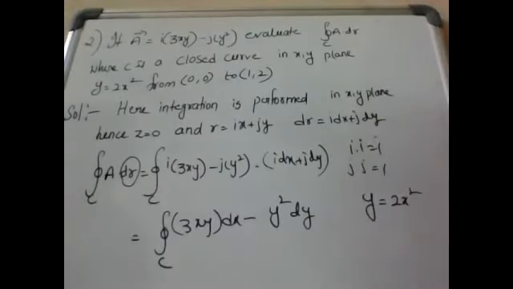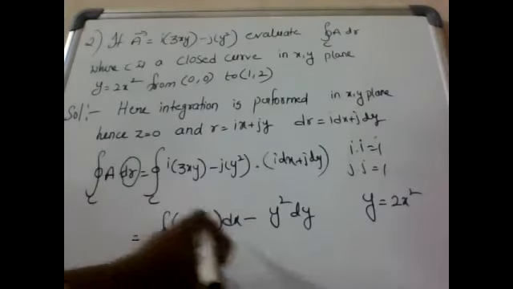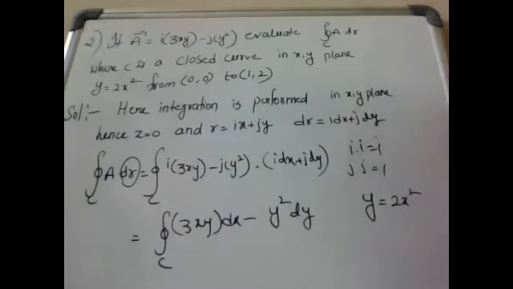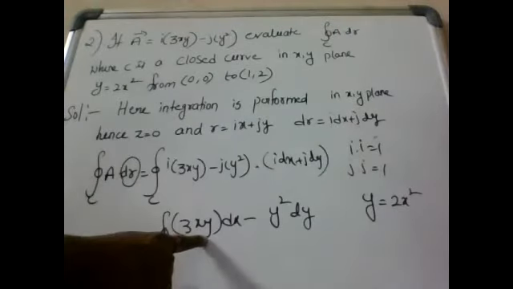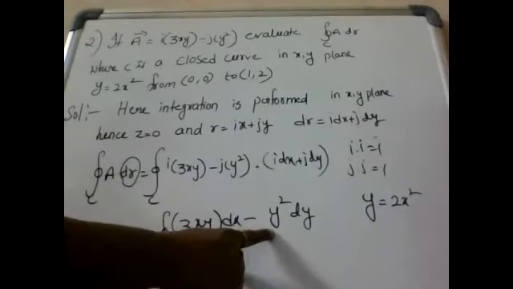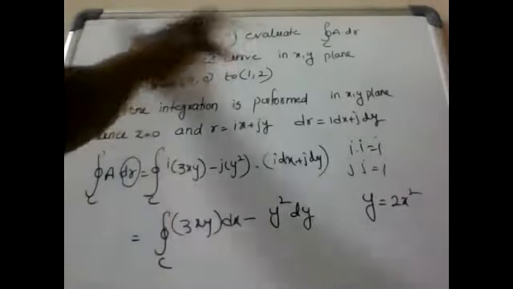So next, a continuation of this problem. In the next step, substitute y equal to 2x square. In this place, 2x square, and y square plus 2x square whole square.